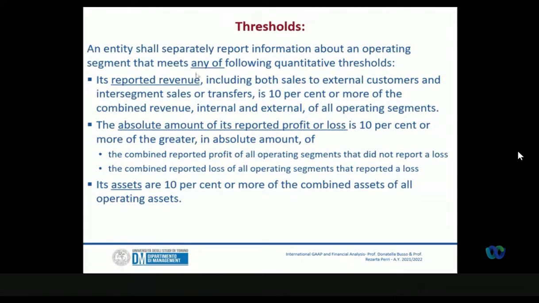For example, the total revenue will include not only the external customers' revenue, but also internal segmental revenue that we just explained. The profit or loss will be referred only to those segments that are actually reporting a profit, and in the other group, I will consider those segments that are actually reporting a loss. And so is the matter with the assets as well.